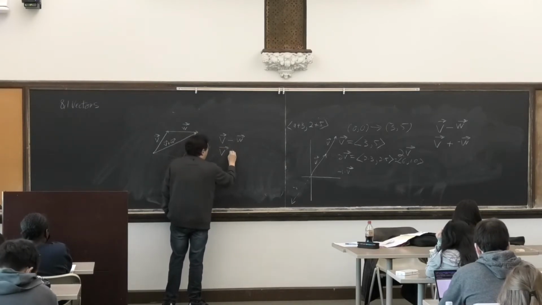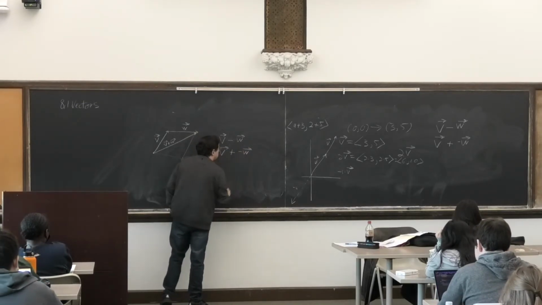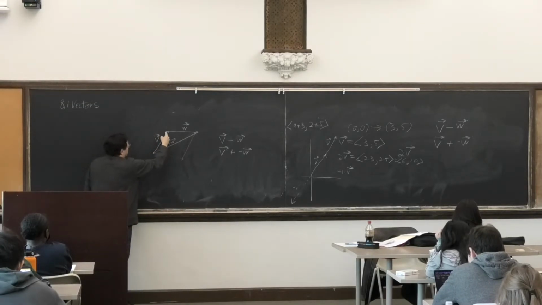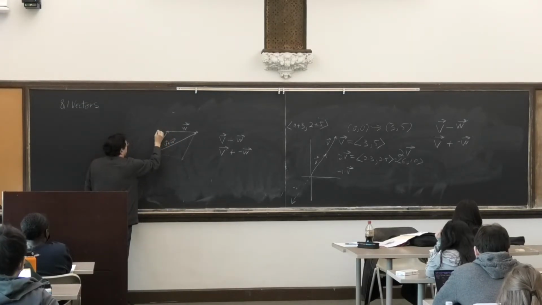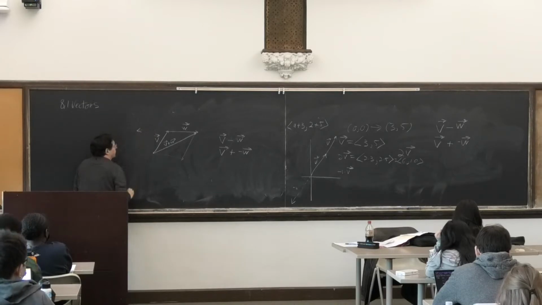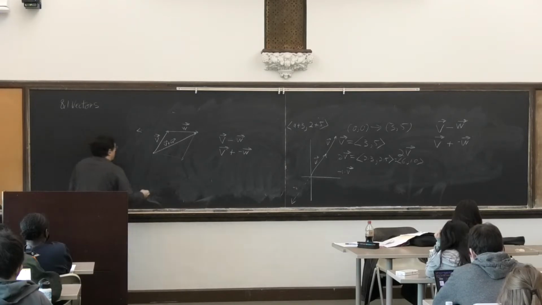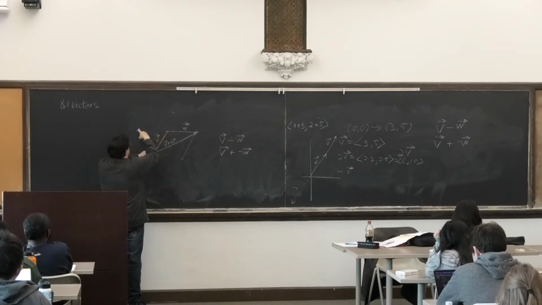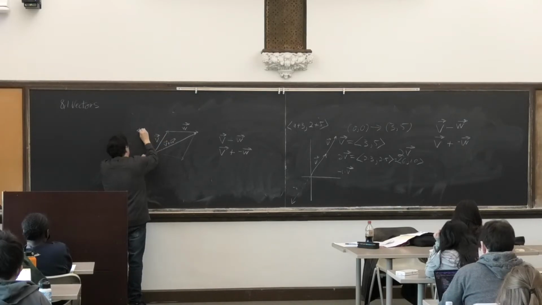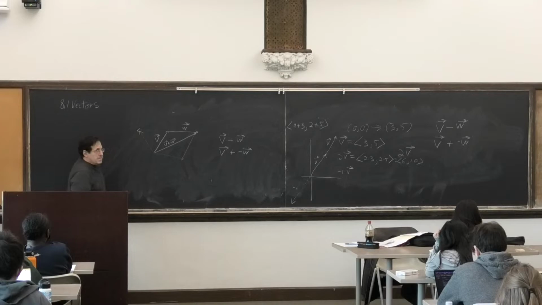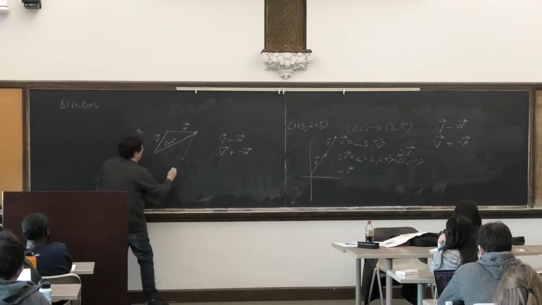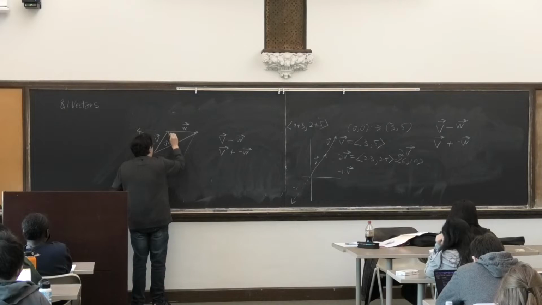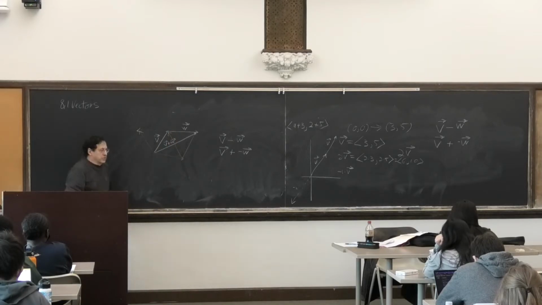Again, that's adding negative w. Well, negative w is a vector, just w in the opposite direction. So if I add v to negative w, I'm going to get a vector here. With a little imagination, you can see that's just the other diagonal of the parallelogram.